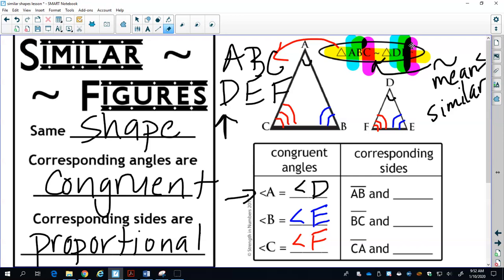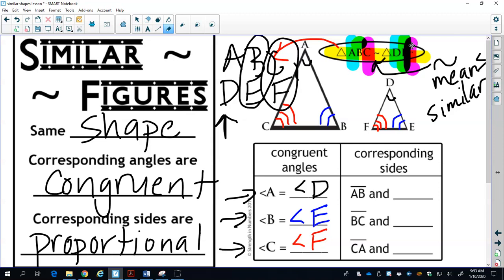You see how B goes with E, just like this, when we put them in order? And C goes with F, just like that. So if you're not sure by looking at the shapes which angles correspond, you can just write the letters that represent the shapes beneath one another, and you can match up the corresponding side lengths, angle measurements as well as side length.